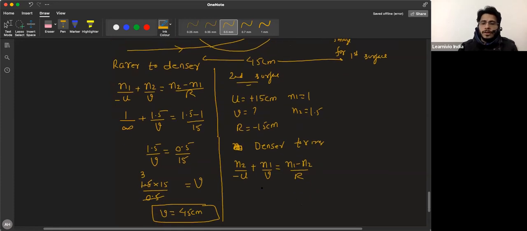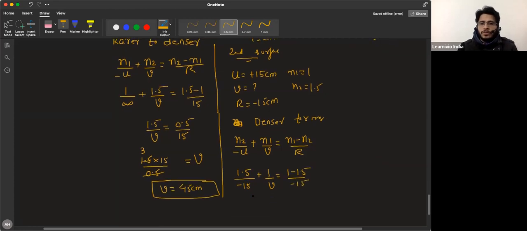Let's substitute all values here. So how much is N2? N2 is 1.5 by minus U, minus 15. N1 is 1, V. N1 minus N2, 1 minus 1.5 by R, which is minus 15. So you can write this as minus of 0.5 by 15.